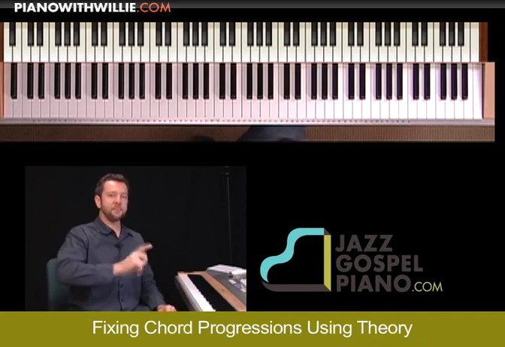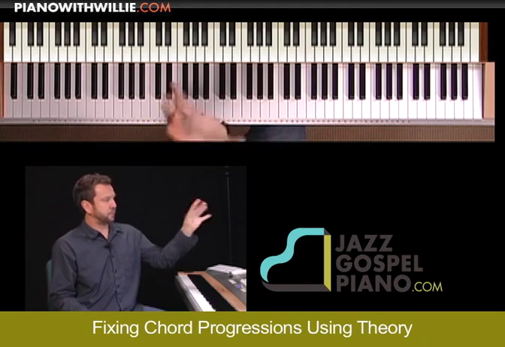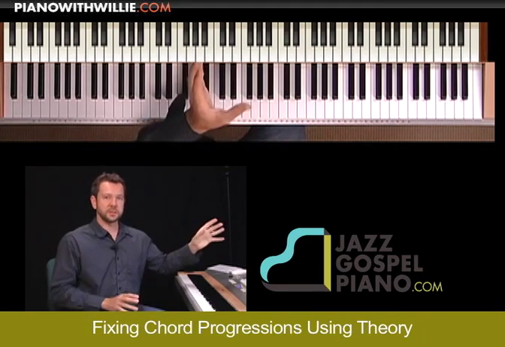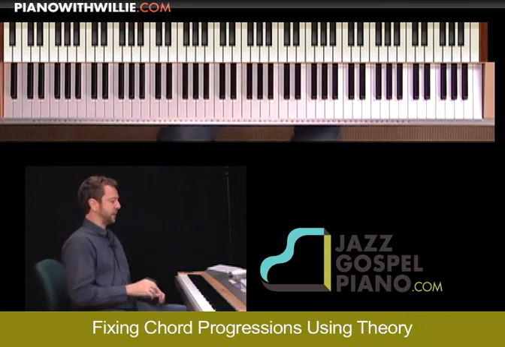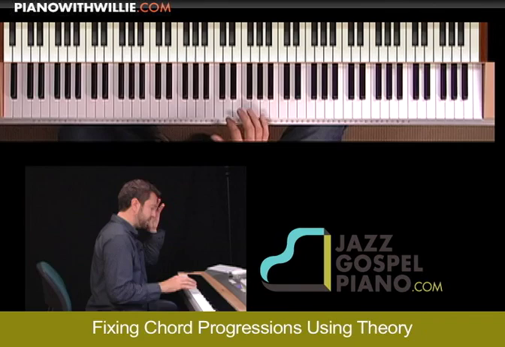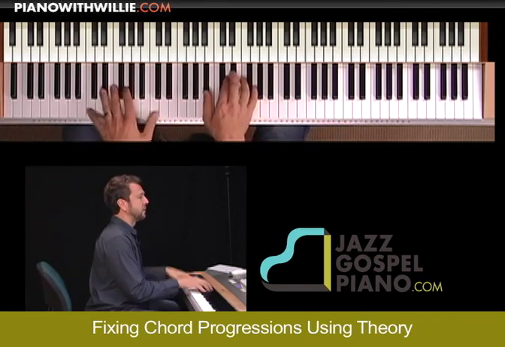Let's go back and compare A, B now. I'm going to play the progression just using the chord symbols that were sent to me. Then I'm going to use this edited chord progression. So here we go. 1, 2, I'll put the drums on. 2, 3, 4.